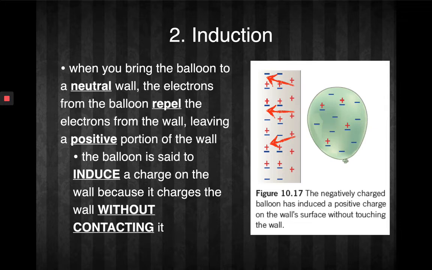The balloon then induces a charge on the wall because it charges the wall without contacting it. So we haven't stuck the balloon to the wall here. We're just holding it close to the wall. So first of all, we charged it by contact with the hair, and then we charged the wall by induction. So the balloon was charged by contact, the wall has been charged by induction.